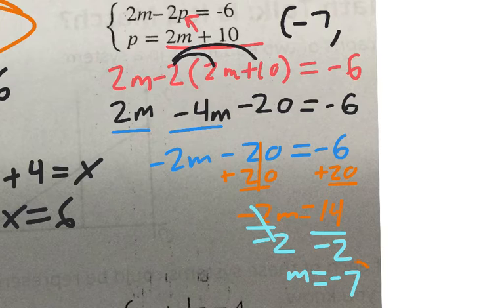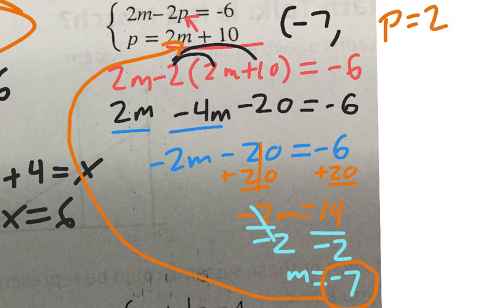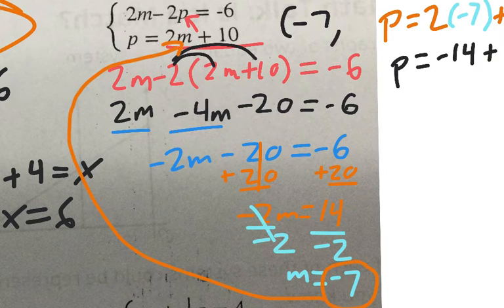Now I'm going to take negative 7 and plug it into one of my original two equations. I think the bottom one's easier. So I would plug it in there for m. That would tell me p equals 2 times m, but I now know m is negative 7, plus 10. And then simplify. 2 times negative 7 is negative 14.